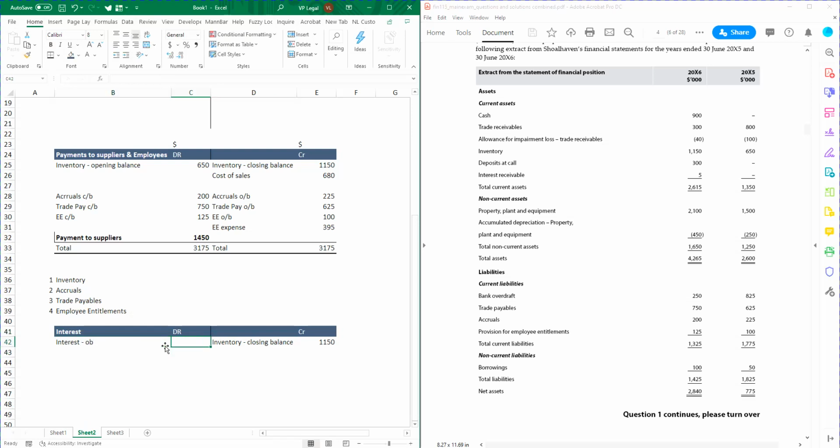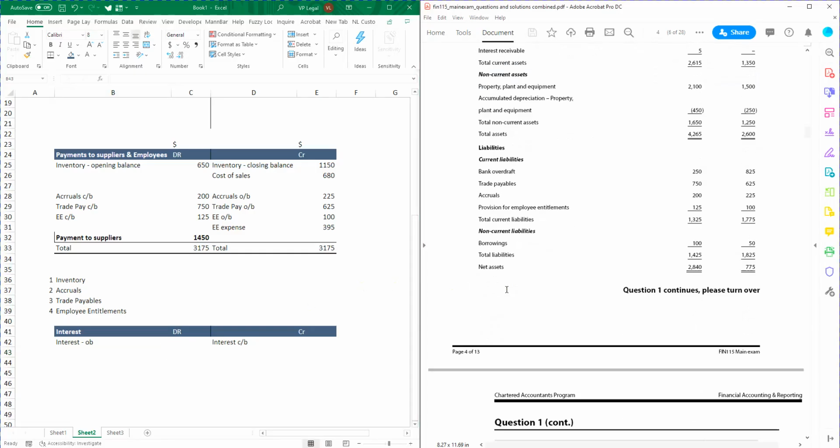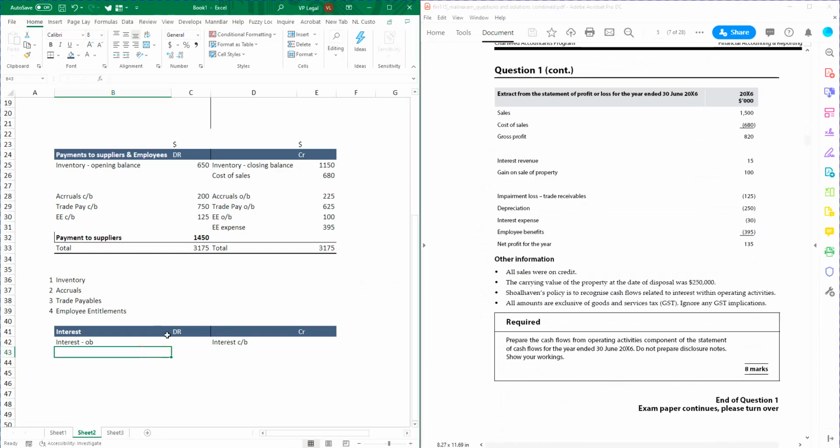So our opening balance, and then our interest closing balance. And then, okay, what's the movement that's going to adjust our interest? Well, we know what our interest revenue is going to be, because that's going to be increasing our balance. The difference must be our received, our cash movement.